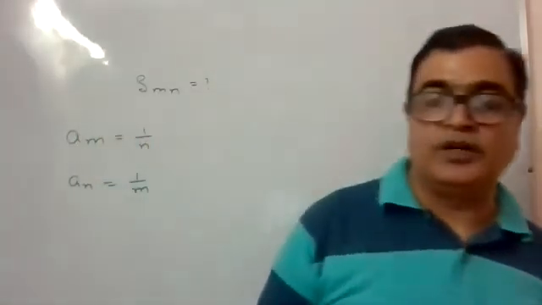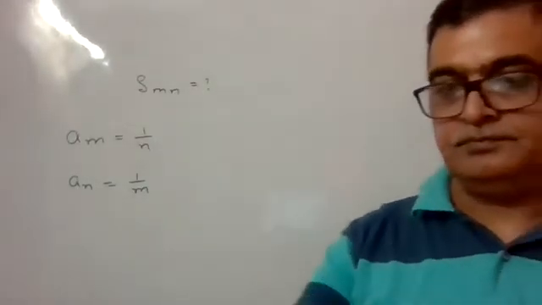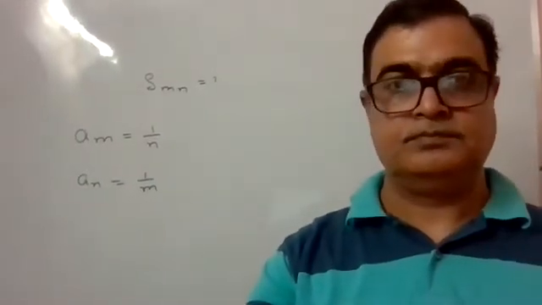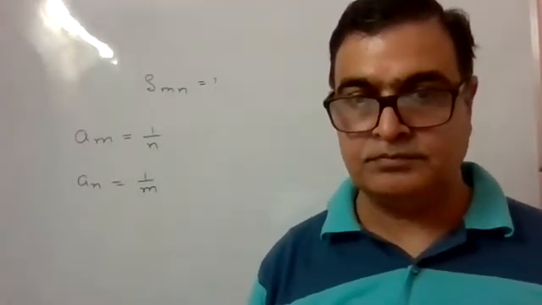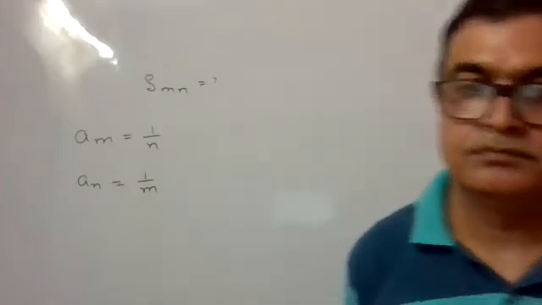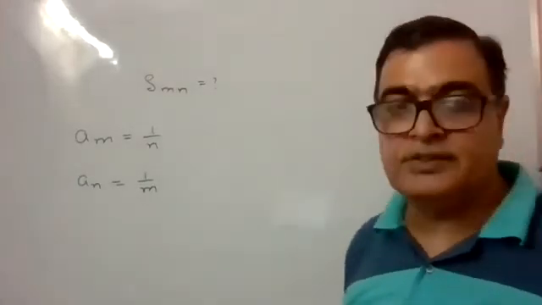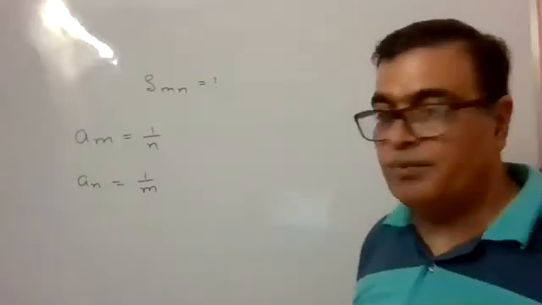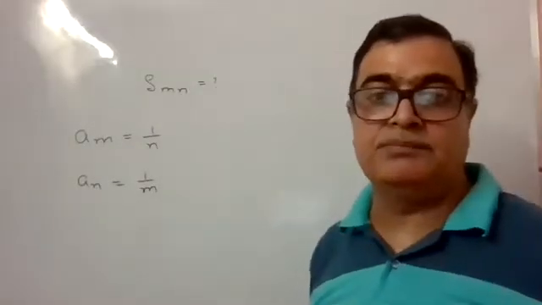Question is find what is the sum of mn terms here. Am is 1 by n, An is 1 by m. Sum of mn terms we want.